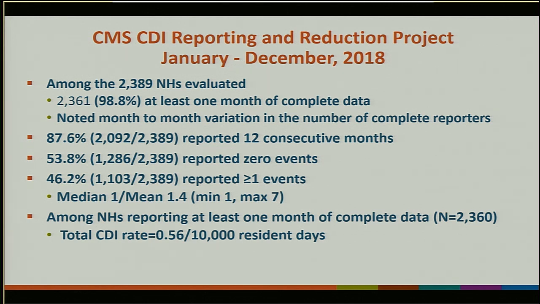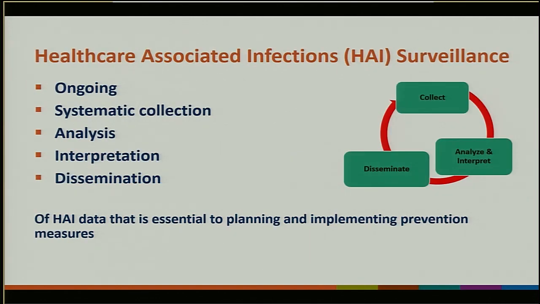A little over half of those reported 0 events. Now that may be true, but we need to have good data to substantiate that. And in summary, there were about 1 to 7 events per year for those reporting, and that gave us a 0.56 catheter of 10,000 resident days for those facilities reporting the project in 2018.